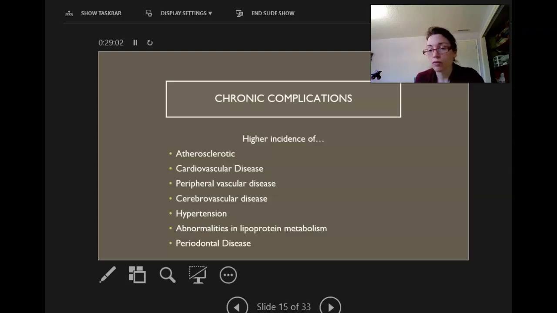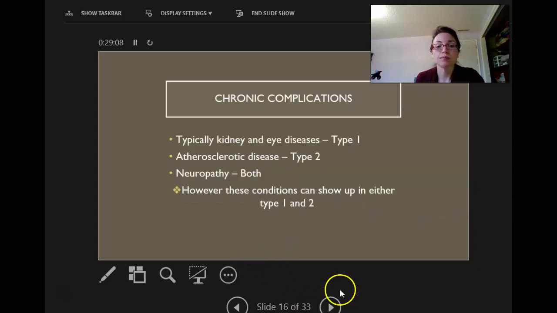So a host of comorbidities can go along with diabetes. Generally, kidney and eye diseases predominate with type 1 diabetes, and atherosclerotic disease predominates with type 2 diabetes, and neuropathy can occur with both.